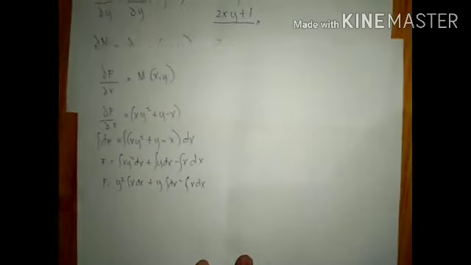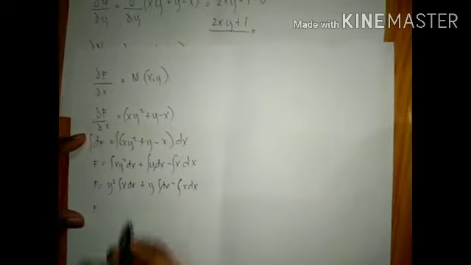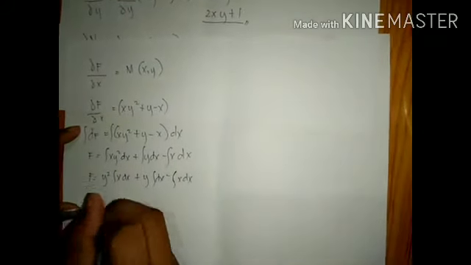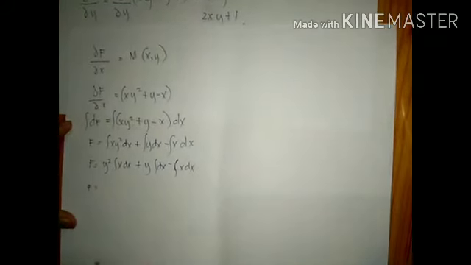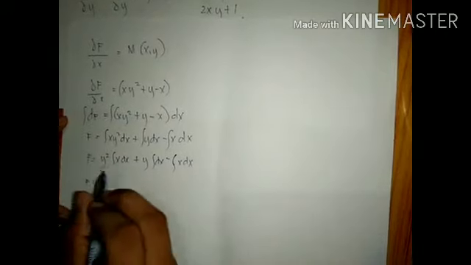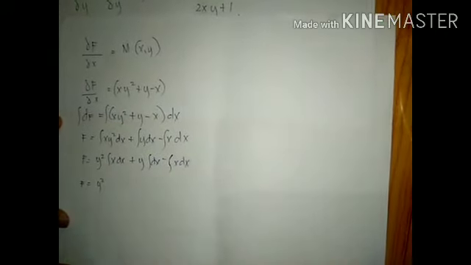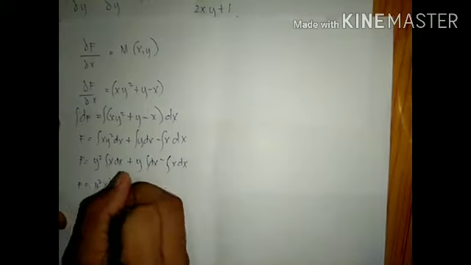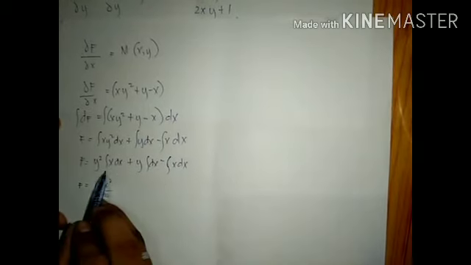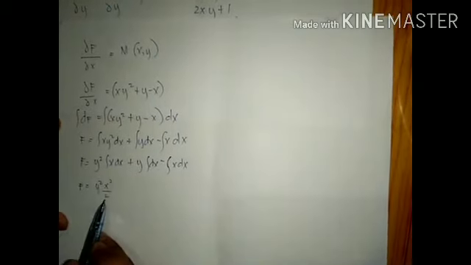So f is equals to y squared minus x squared over 2.